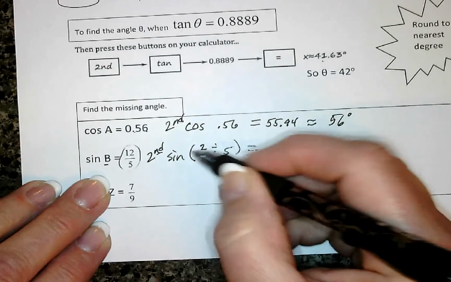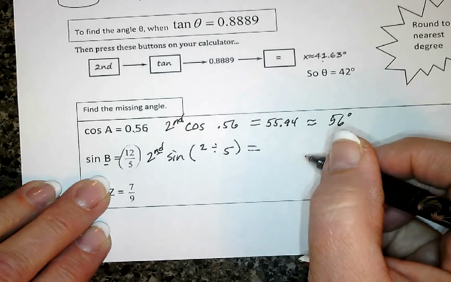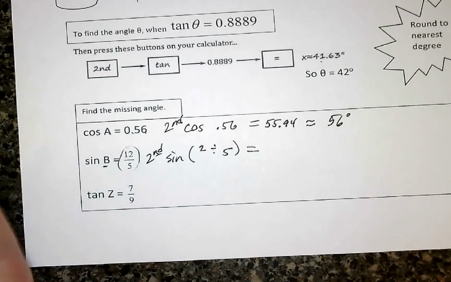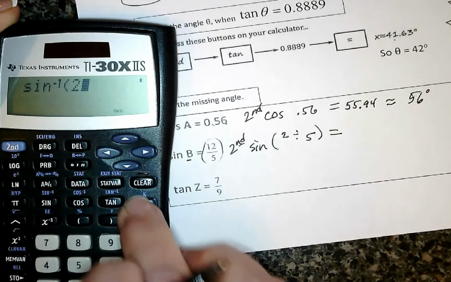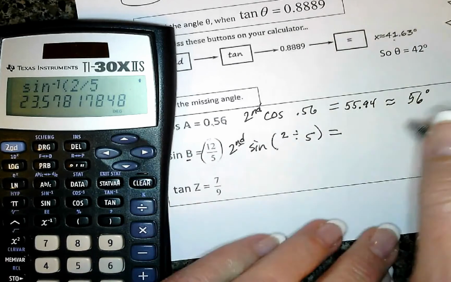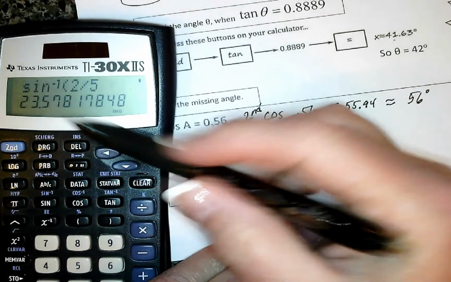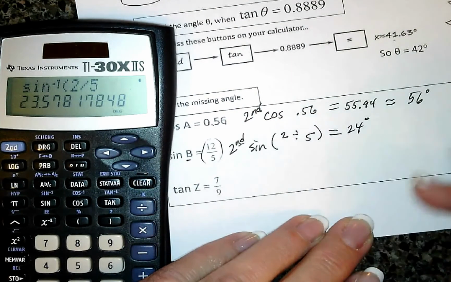You don't have to put those quotes, they should be there already. Again, you're going to get this big long thing. We want to round to the nearest degree, so 23.5 makes it go up to 24 degrees.